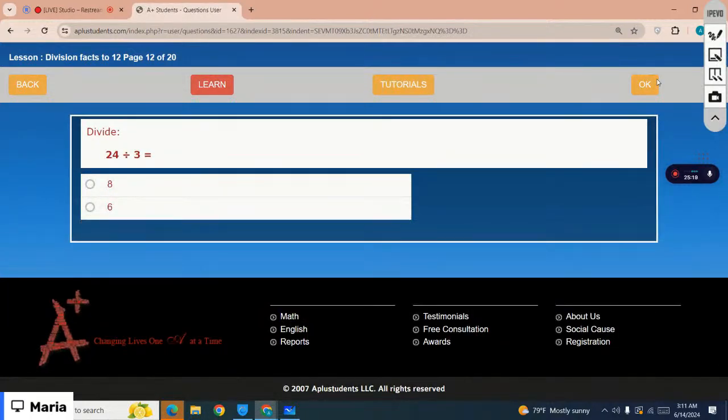24 divided by 3 equals, 3 times what number is 24? 3 times 8 is 24. The correct option is 8.